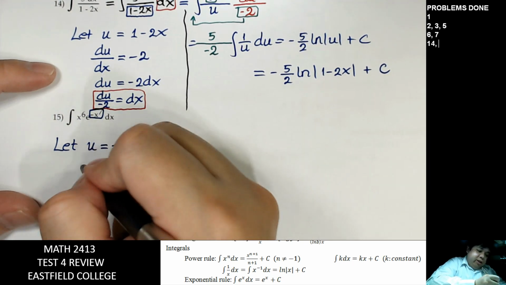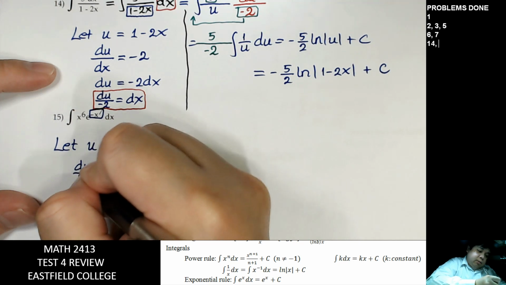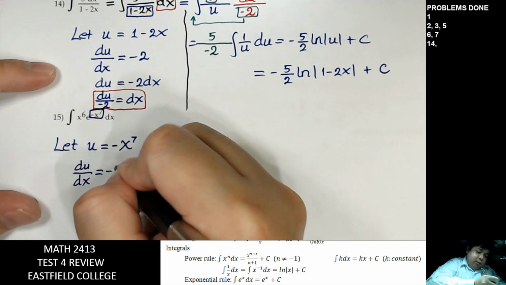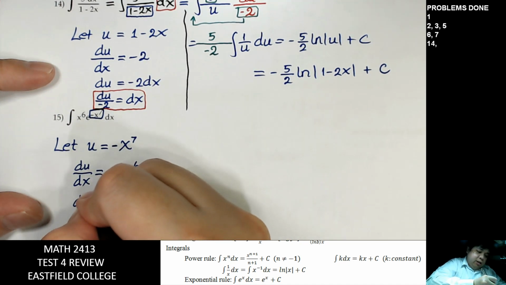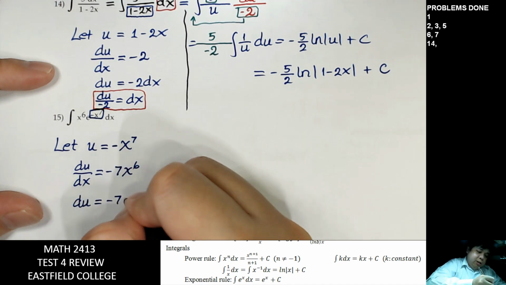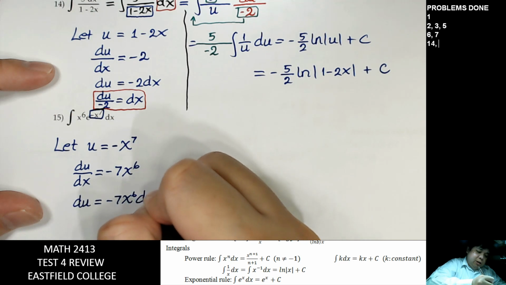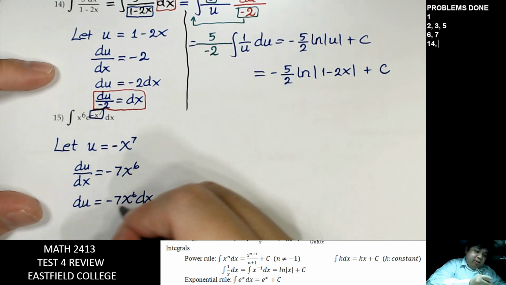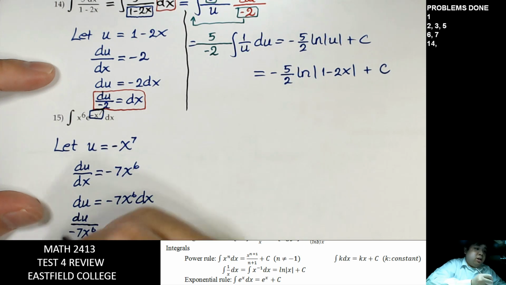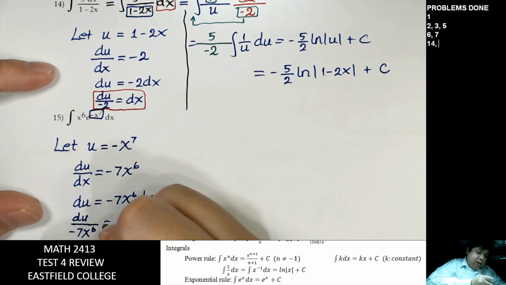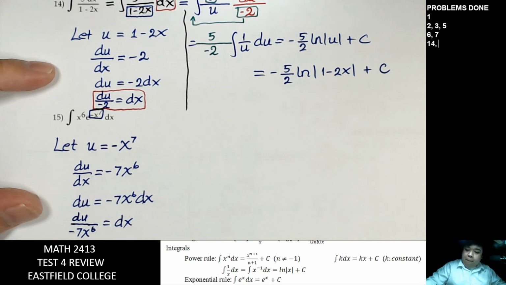And then we'll take derivative. Move the dx. And divide by the -7x⁶, sorry, and then dx.